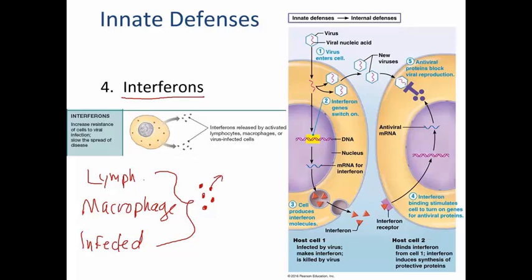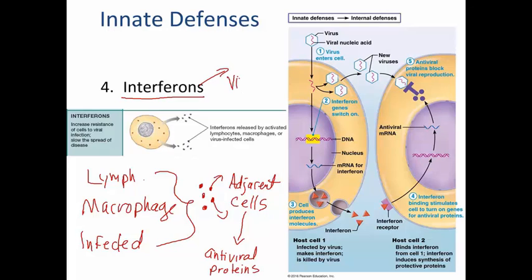And these interferons are going to go and signal adjacent cells or nearby cells. And when they signal the cells, they bind to a receptor and they tell the cells to produce antiviral proteins. So interferons are usually defending the body from viruses.